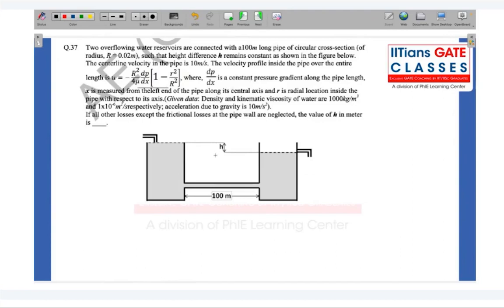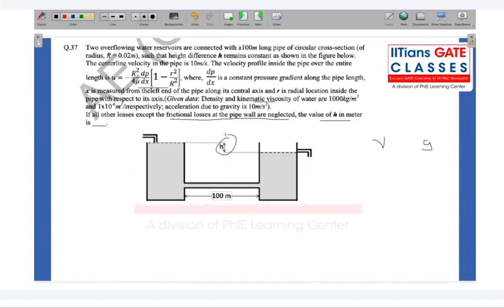Now, given the data that water has a density of 1000 and kinematic viscosity nu of 10 power minus 6, and acceleration due to gravity g is 10 meter per second square. If all losses except the frictional losses of the pipe wall are neglected, what is the value of h in meters? So they're basically asking us to consider the effects of friction and calculate what is this h value.